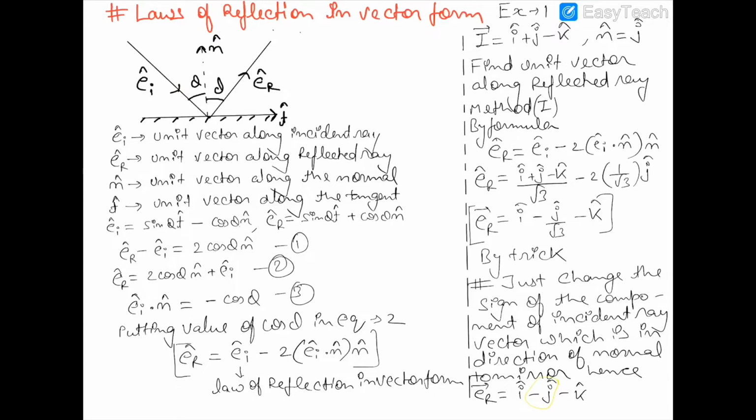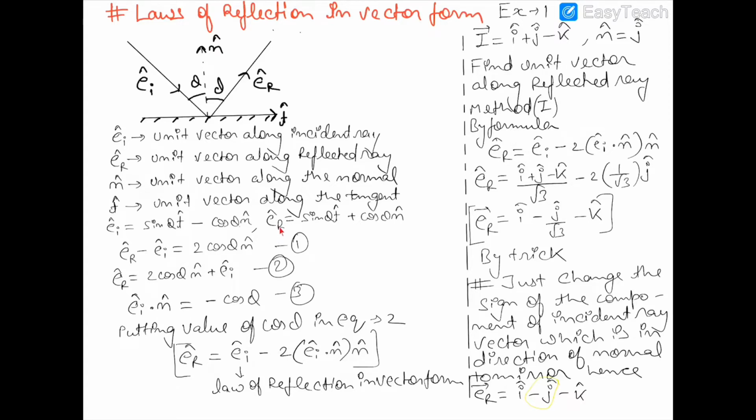So ei cap is sin theta t cap minus cos theta n cap. The minus is due to the fact that n cap points upward, while the component of ei along n cap points downward.